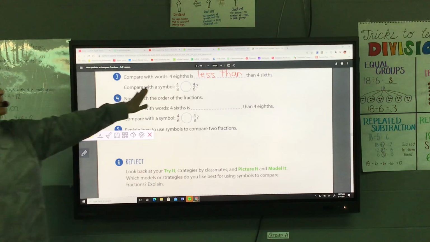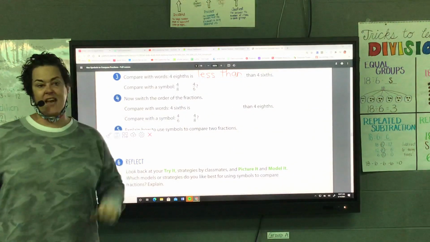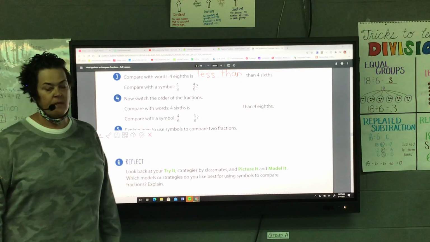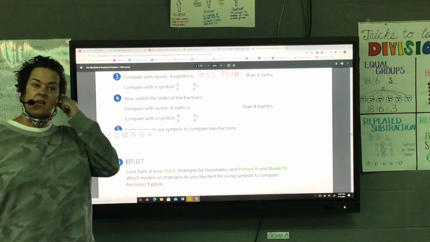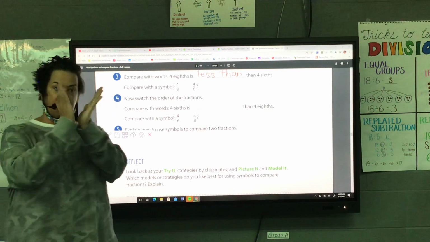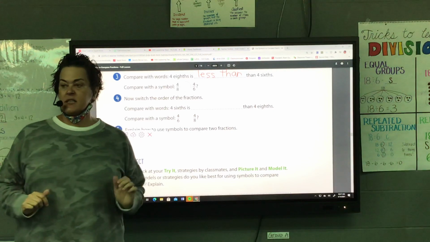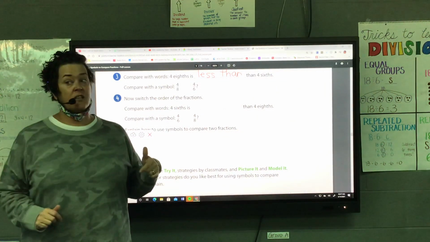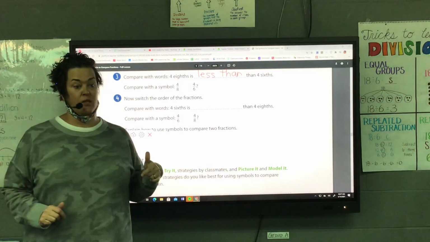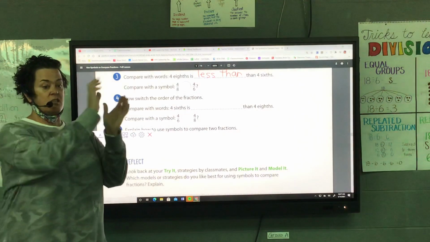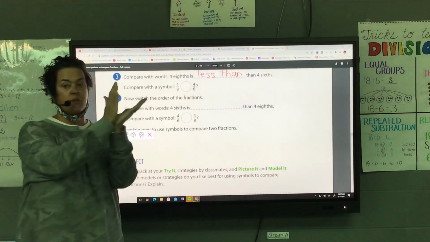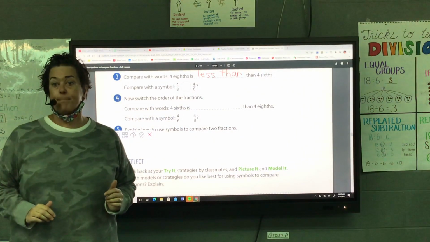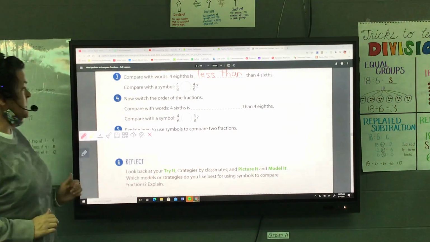So now I'm using the symbol, the less than symbol. Remember, the point of it always is going to go to the smaller number. The open part is going to go to the bigger number. All right?